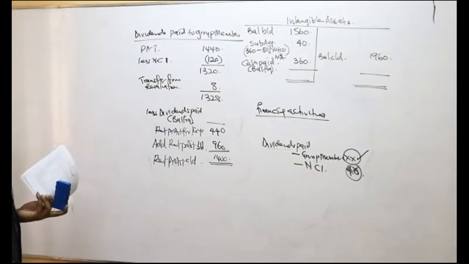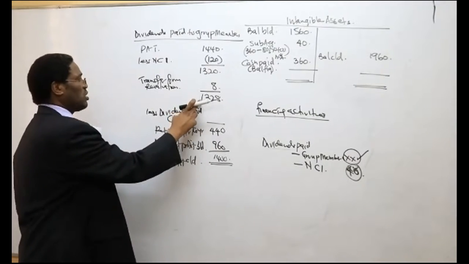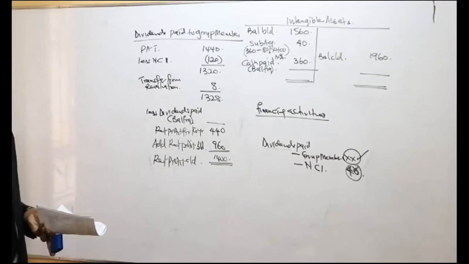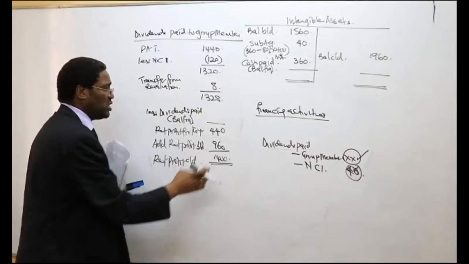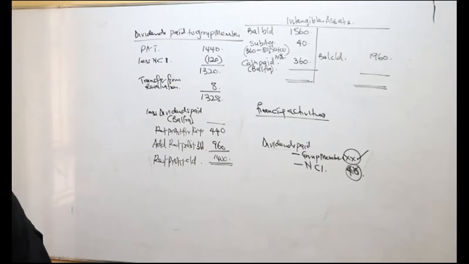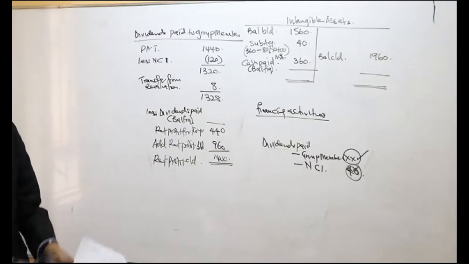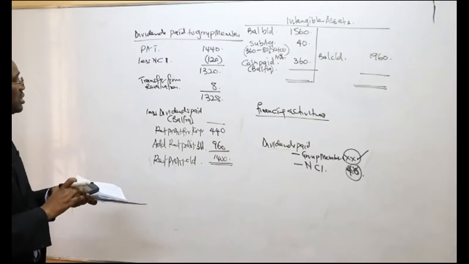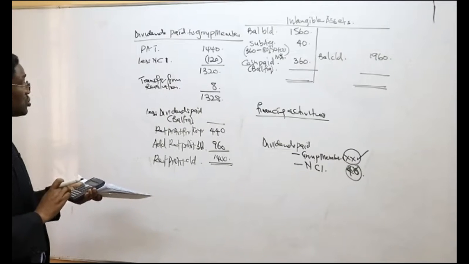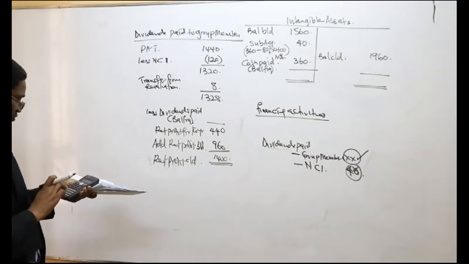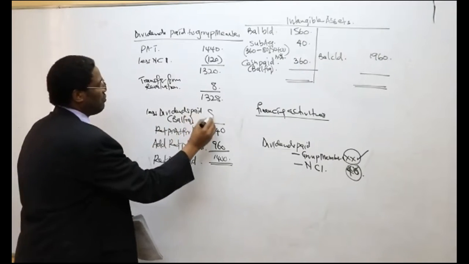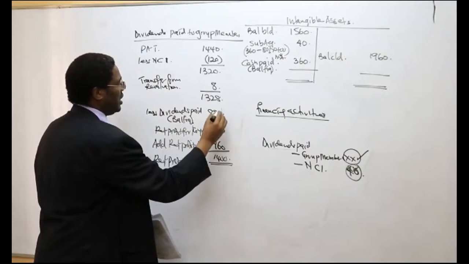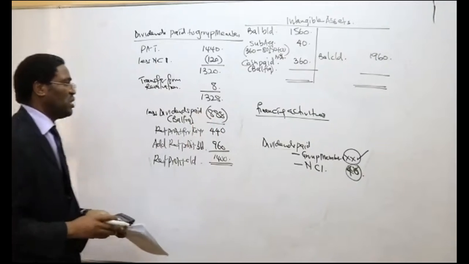Then we say, if the profit that was supposed to be retained was 1328, but we paid a dividend and retained this, what must have been the dividends paid? So let's calculate it. 1328 minus 440. We must have paid a dividend of 888 million.